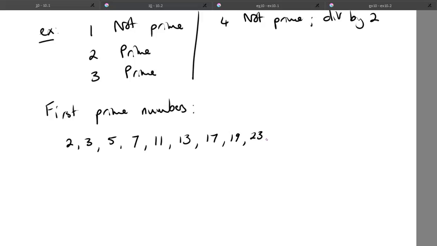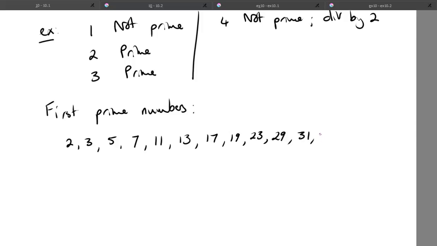You can go 24, 25, 26, 27, 28, and eventually you'll get to 29. And the next one, you don't have to go that far, and you'll get to 31 is indeed a prime number. But it's becoming less and less obvious whether or not the number is prime or not, because the larger the number, the more possible divisors I need to check before I'm 100% sure that it is prime.